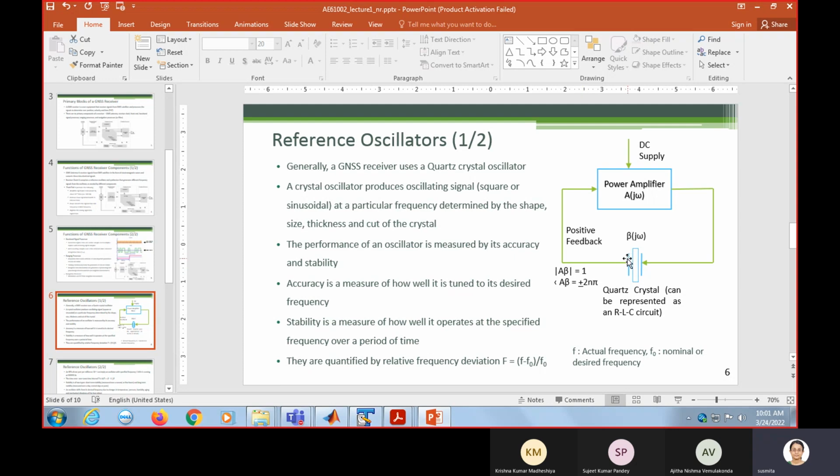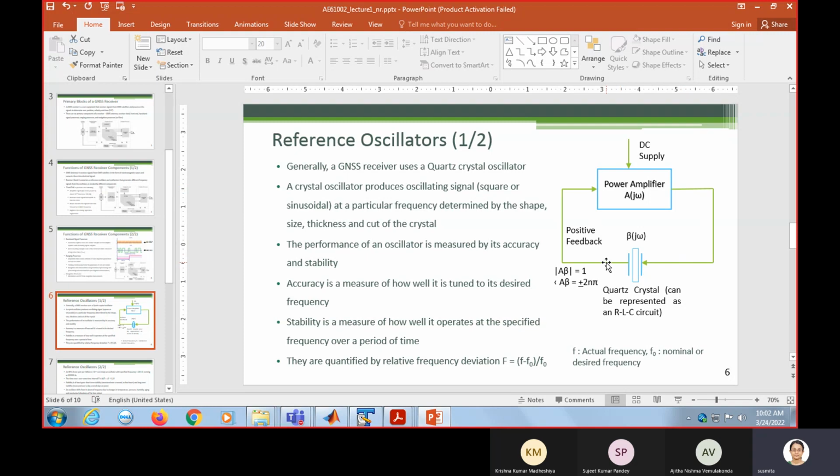You attenuate it, low output voltage, it is amplified, you get the same thing. Whatever you had earlier, the same thing will be retained because the loop gain is unity. So at this point, it will remain the same because this attenuates it, but it amplifies it by the same level. You just think of some sinusoidal signal at some amplitude.